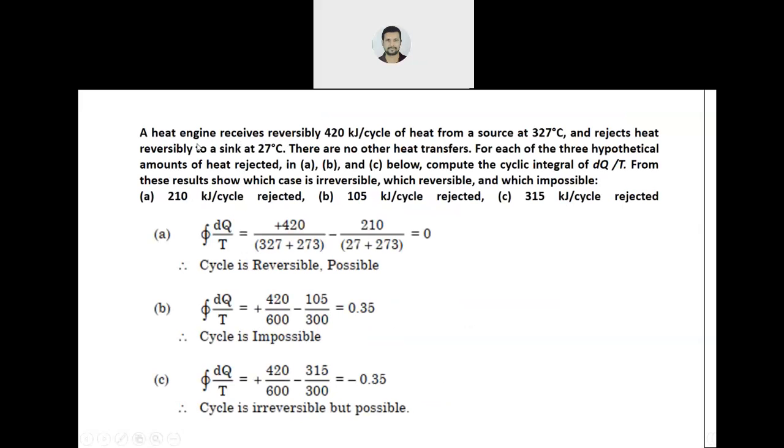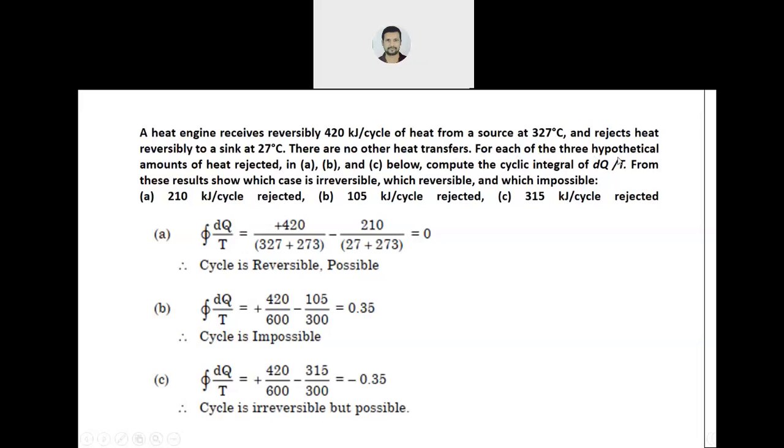Now students, it's time to solve the numerical. A heat engine receives reversibly this much amount of heat from a source of this much temperature and rejects heat to a sink maintained at this temperature. So you are given heat, and the temperatures of source and sink. There is no other heat transfer.